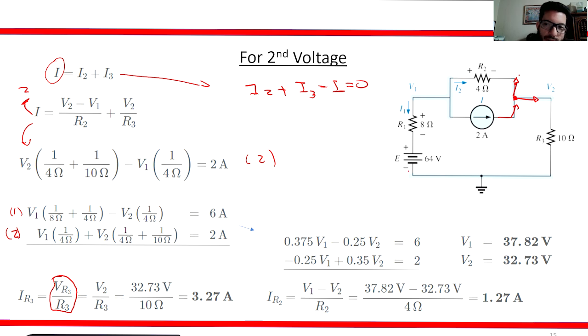Voltage drop through resistor 3 is basically V2. And the same for resistor 2 is V1 minus V2 over resistor 2, and that's 1.27 amps. So this is how we solve for the voltages and the currents. So this is the third example. This one was a pretty good one because it's also showing how you solve for the nodal voltages.